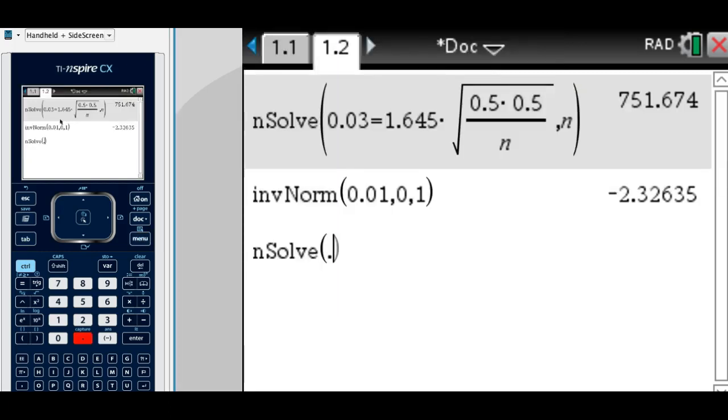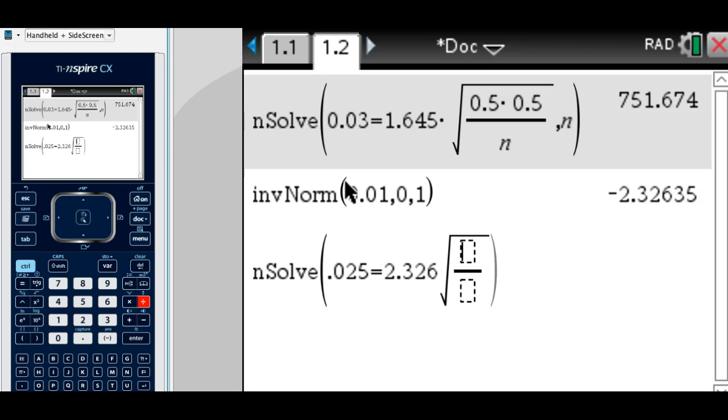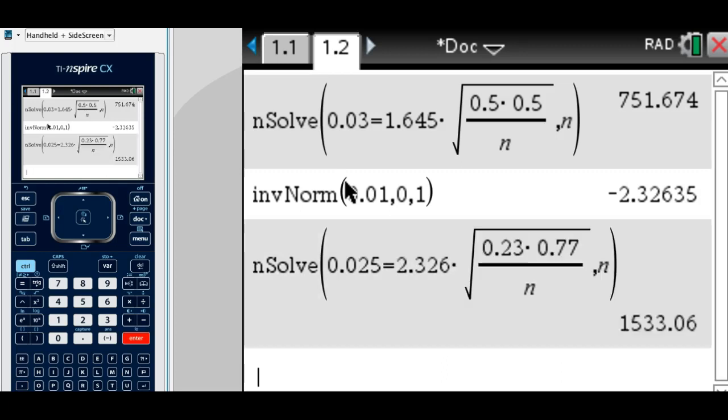So we have 0.025 equals, and then we're going to do 2.326, and then we're going to get to our square root here, and then we're going to put in a fraction, and it was 0.23 times 0.77, and then we're going to put in our variable and comma. I used n, so I'm going to say comma n.